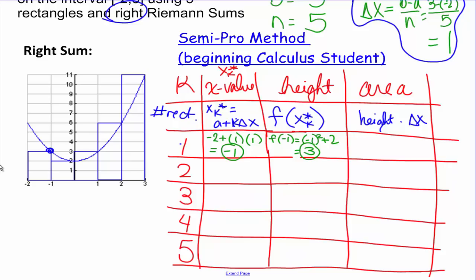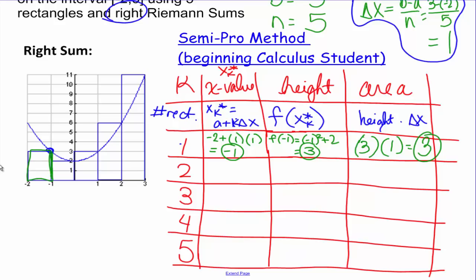And if you look on the picture, is 3 the height of our rectangle that we're looking for here? Yes, okay. So now that we found the height, we need to find the area. So we take the height, and we multiply it by delta x. And what is our delta x? 1. So 3 times 1, that's 3. That's the area for rectangle number 1, just like when we counted them.